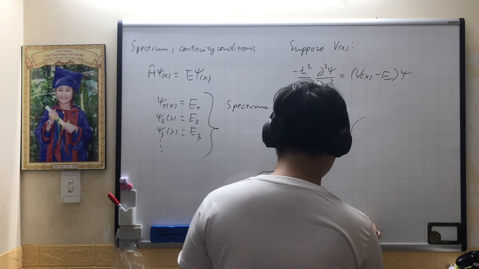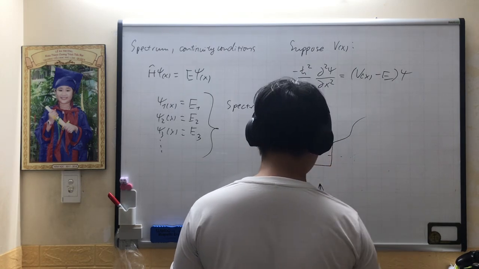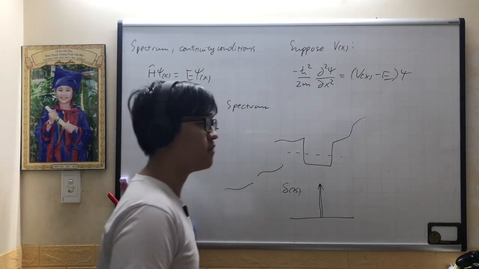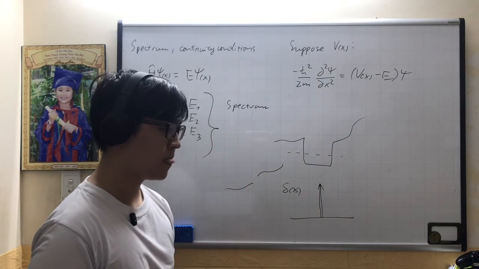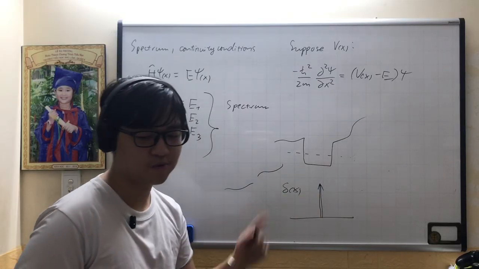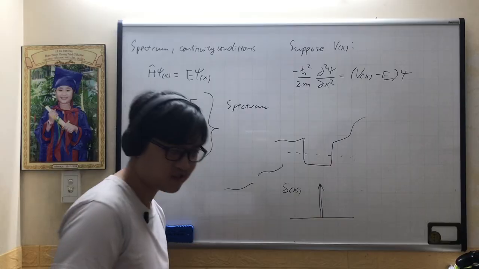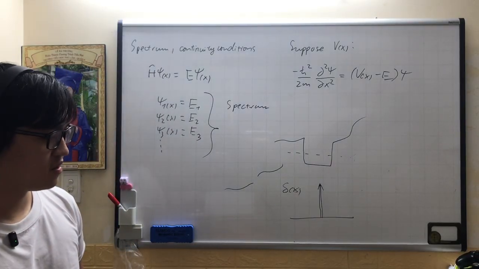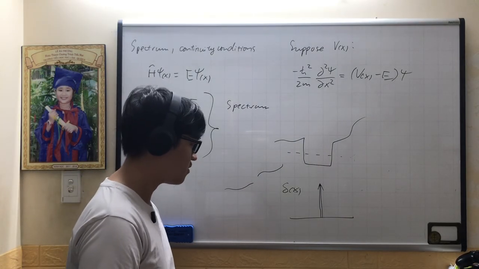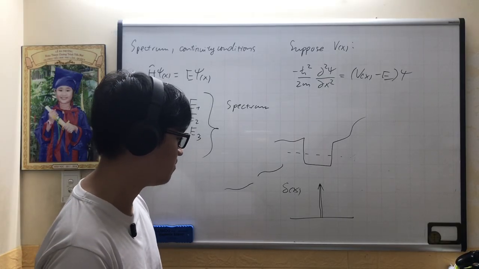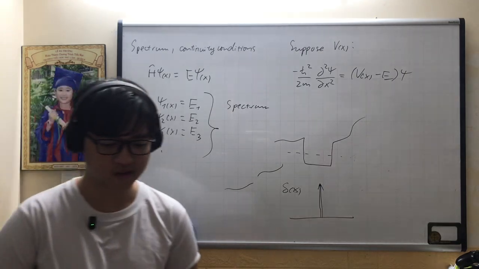We would draw it as something like this that would spike up to infinity, and this is infinitesimally small with the full area equal to 1. That is the definition of a delta function. Don't confuse this with the other deltas like the Kronecker delta and the Dirac delta. Those are different things. Well, the Dirac delta is kind of related, but that's beside the point.